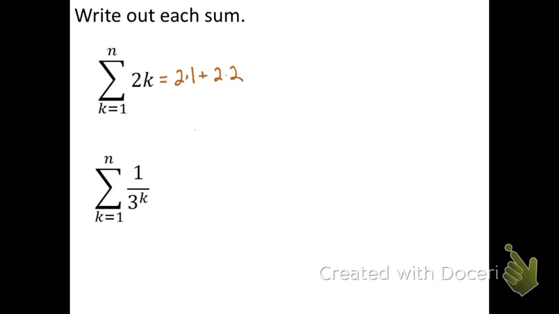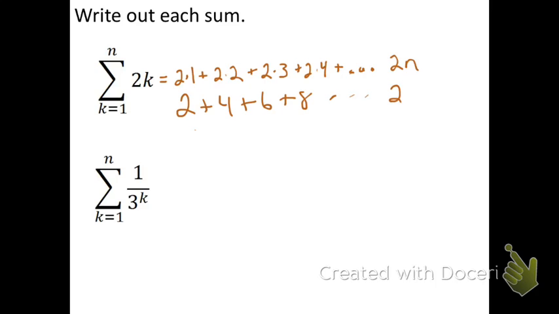We're just plugging in 1 for k for the first one, then 2 times 2, then 2 times 3, plus 2 times 4, etc. It's just going to keep going until we get to 2 times n, since we don't know what n is. So we could write this as 2 plus 4 plus 6 plus 8, etc., all the way to 2n. Okay, so we've written out the sum.